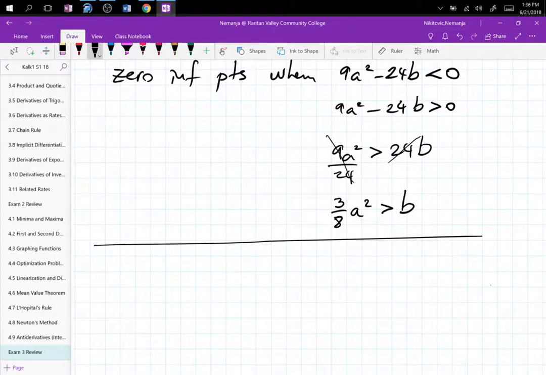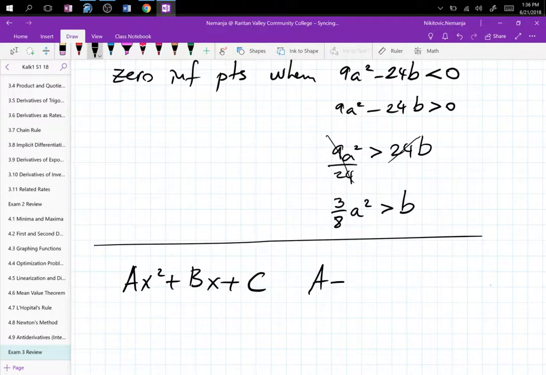Right. Consider the quadratic function ax squared plus bx plus c, where a cannot be 0, so this must stay quadratic. Show that the mean value theorem applied to the interval guarantees that the number c is the midpoint of the interval.